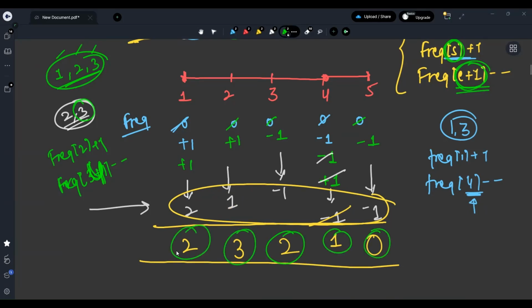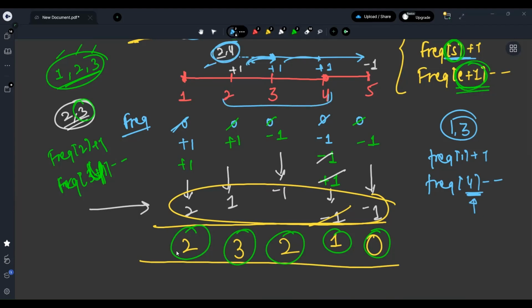How? Let me tell you. Let's say I have interval 2 to 4. I say plus 1 at 2, and frequency of 4 plus 1 minus minus. That means when I traverse this array, I will carry this plus 1 ahead. You should go till 4, that's what I require.